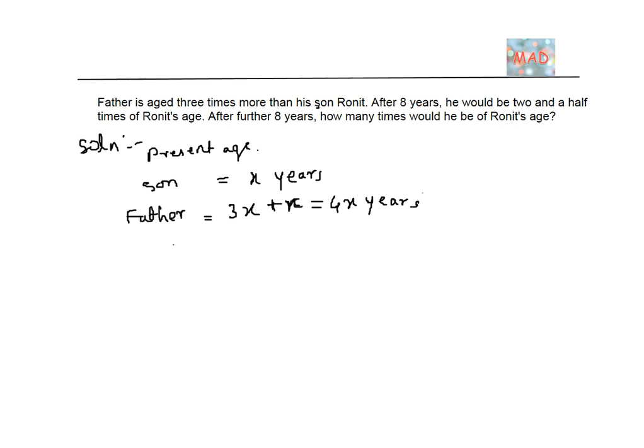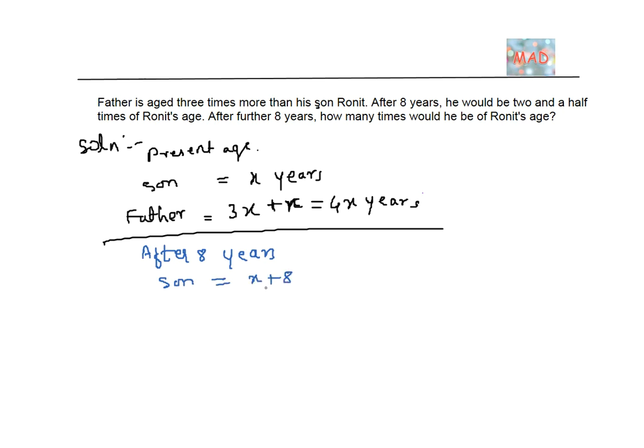Then age after 8 years. After 8 years, we have son's age as x plus 8. Father will be 4x plus 8.